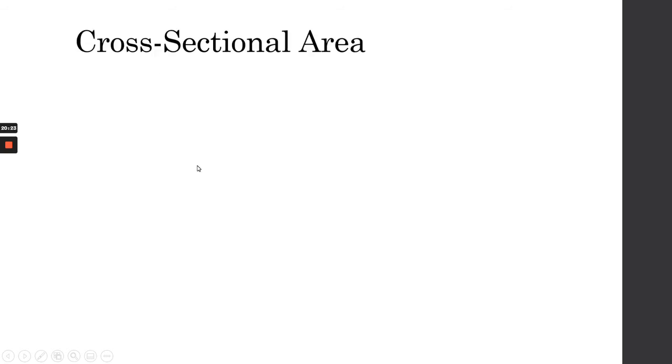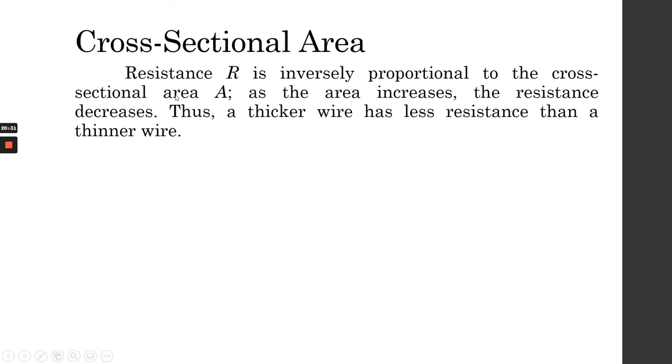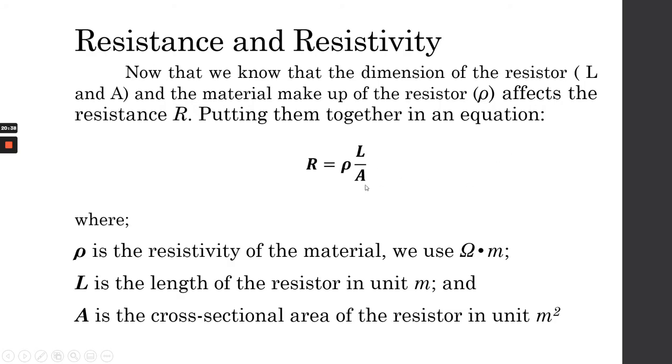So, now let's look individually dun sa mga factors that affect yung ating resistance, beginning with A, or the cross-sectional area. So the resistance R is inversely proportional to the cross-sectional area. We know that's inversely proportional because of this equation right here. So kapag mas mataas yung area ninyo, ibig sabihin mas wide siya, bumababa yung ating resistance.